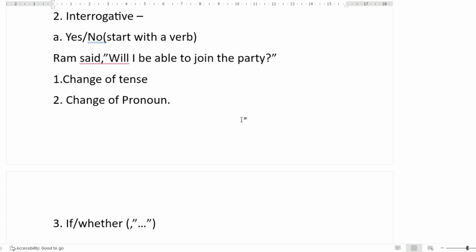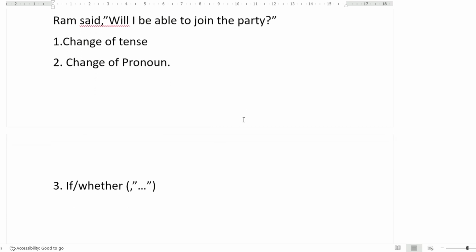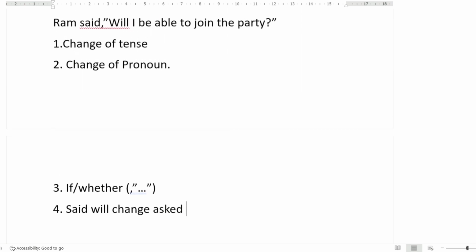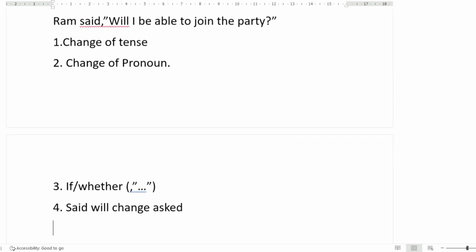Next, the reporting verb that is said or said to will change to asked, demanded to know, inquired. Okay, and the last and the most important rule, subject verb inversion.